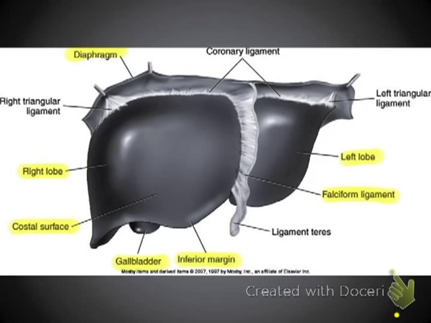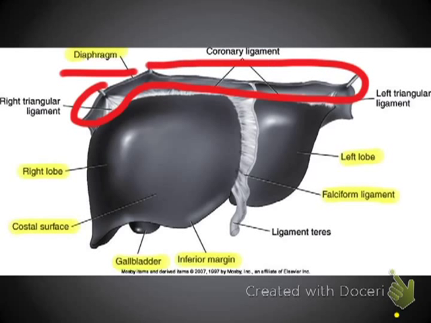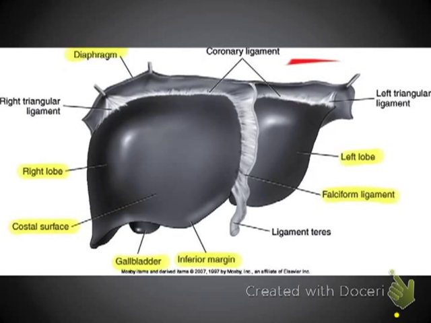So if we look at this image, we see that we have the diaphragm being number 1, and it's this structure here. So if we get rid of this, then we see the liver in its entirety.